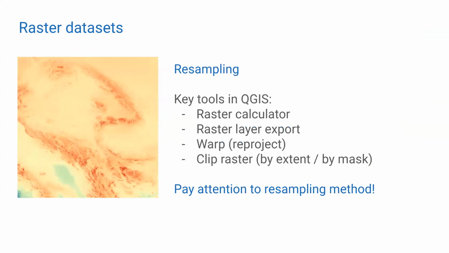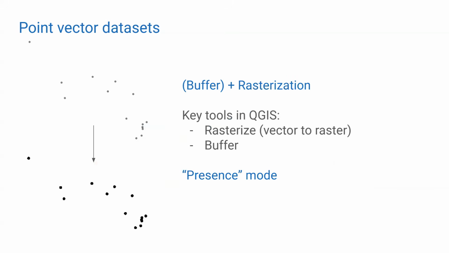If you have raster dataset as spatial variable, you could just resample it using raster calculator, GDAL warp util, and other standard QGIS tools. And I will mention it later. We now have a very handy, ready-to-use processing tool built into Mollusc. If you have a vector dataset, there could be different ways.